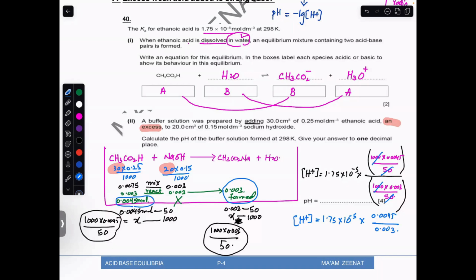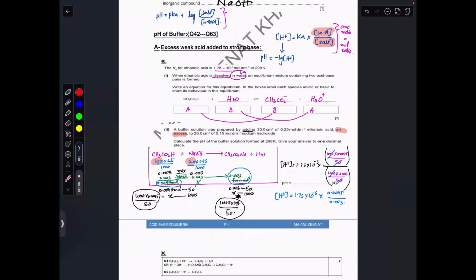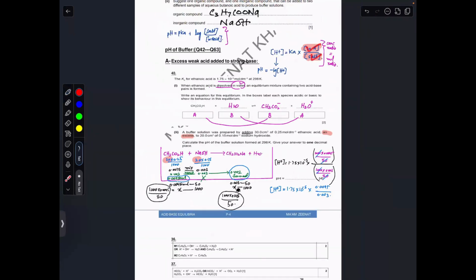So what I told you is that these concentration ratios are equal to mole ratios because the total volume is always the same and it is cancelled.